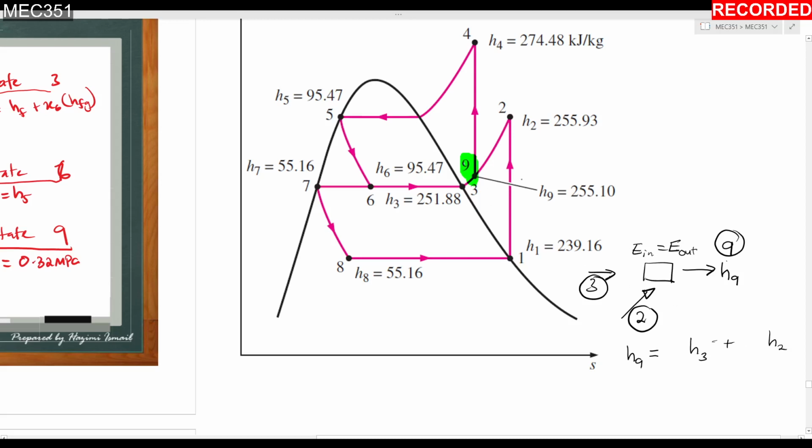But please remember here we have the fraction x6, but for here we have the fraction 1 minus x. Okay, and here we have the fraction of 1. So H9 multiplied with its fraction 1, and H3 is the x6, and H2 is 1 minus x6.